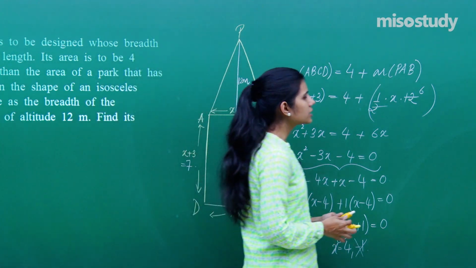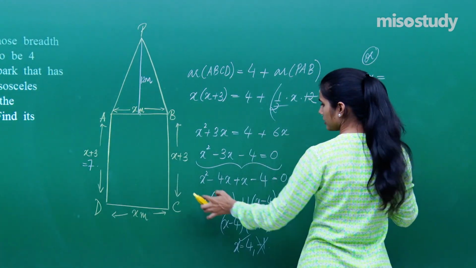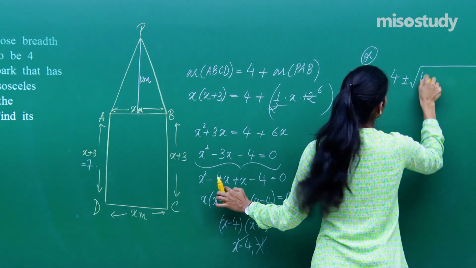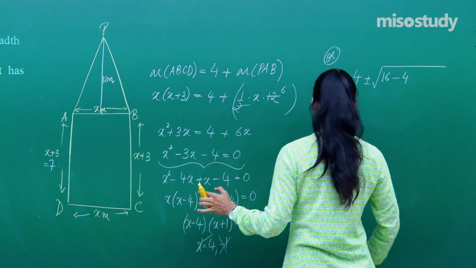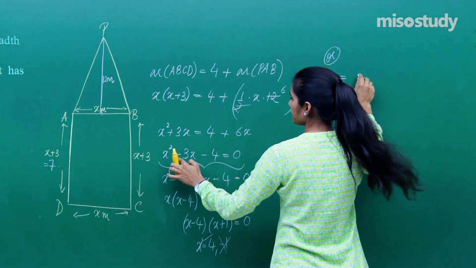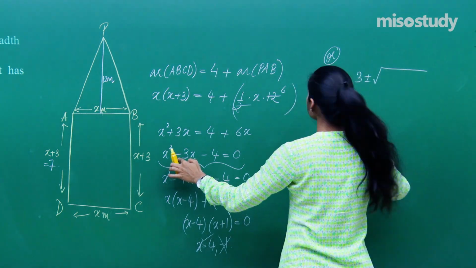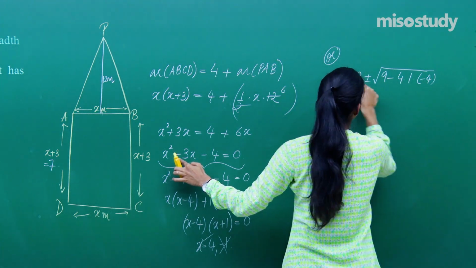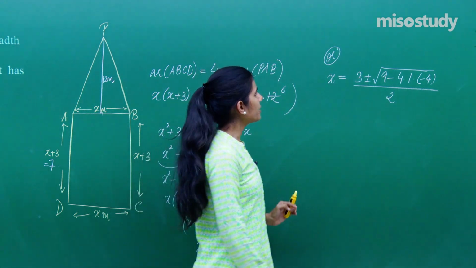You could have also used the quadratic formula. X is minus b plus minus root over b square minus 4ac upon 2a.